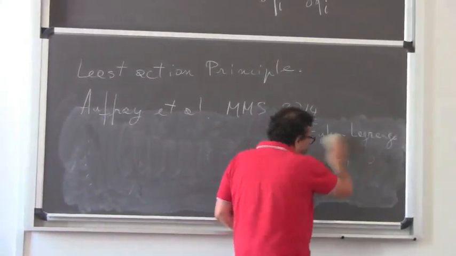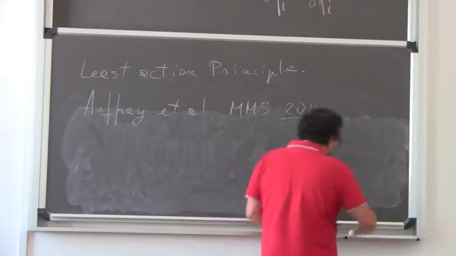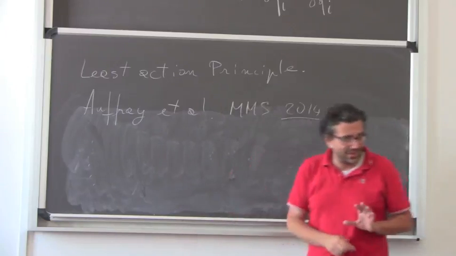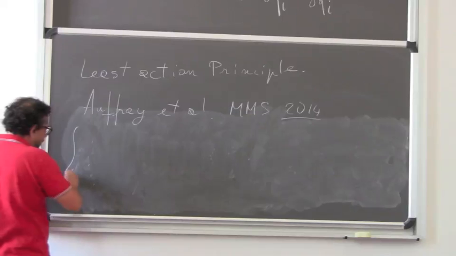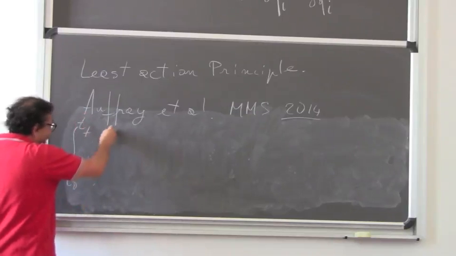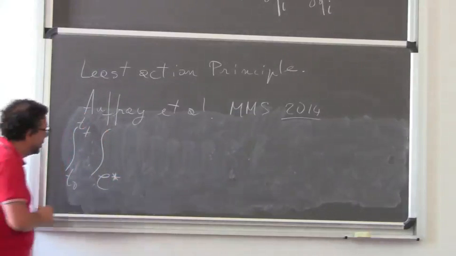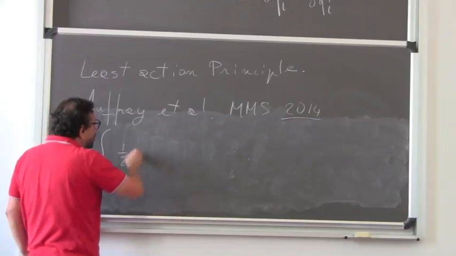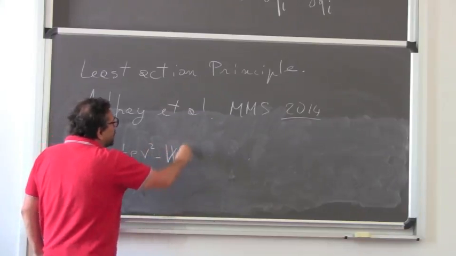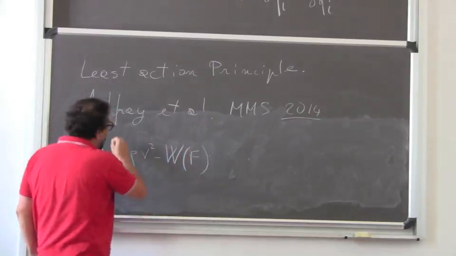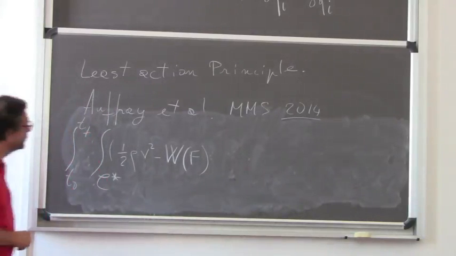I want to repeat for you once more this because you will never be able to use COMSOL if you don't understand it. So my action is the integral from t0 to final, integral over C star, the reference configuration, of 1/2 rho V square minus W of F if we are working with first grade materials.